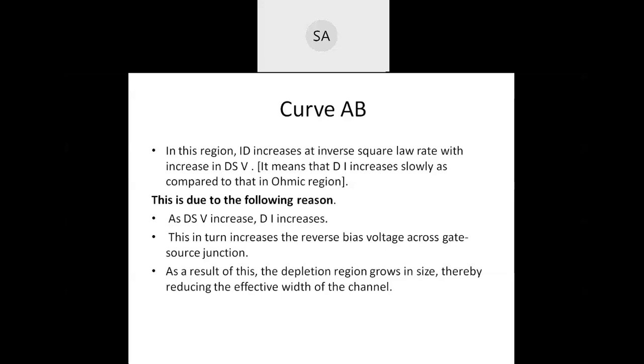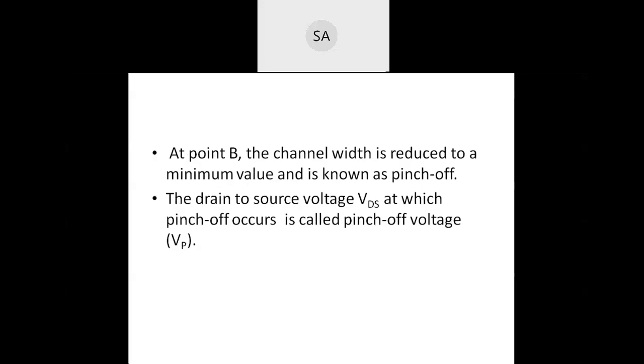So whenever the gate to source reverse bias potential increases, the channel width decreases as the depletion region increases. So then the current will decrease.